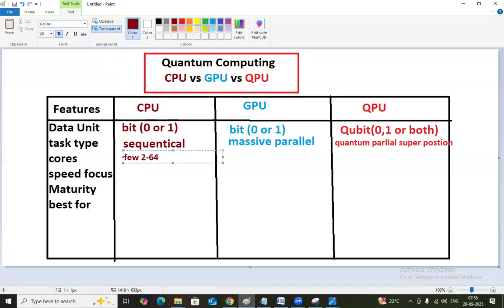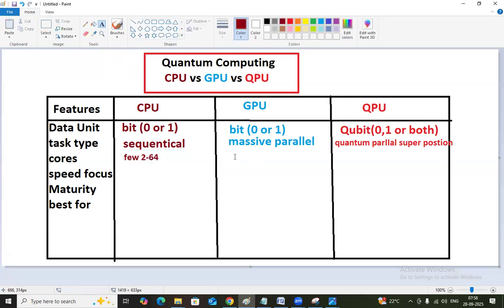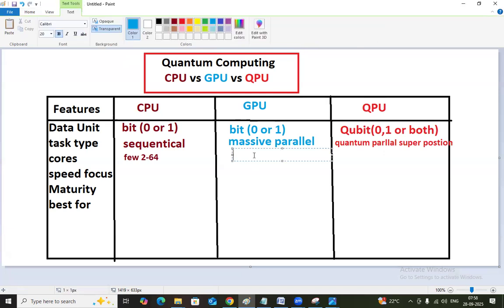CPU cores will be 2 to 64. But coming to the GPU, cores are in the thousands, not a single digit, not a double digit. Thousands and thousands of cores.